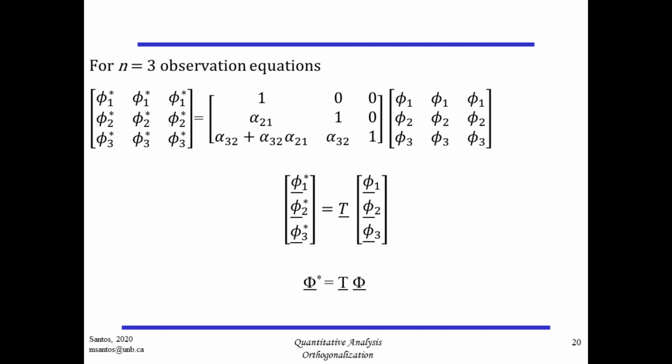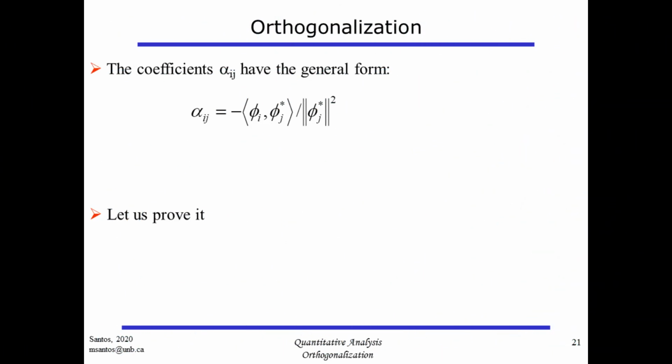Again, these elements, the phi 1 star, phi 1 star, phi 1 star, are the same element, the same thing for phi 2 and the same thing for phi 3. They represent the same quantity. And then we have the T matrix multiplying the original van der Monde matrix. We can rewrite these expressions in vector form, and then we just have the final equation phi star equals T times phi. How do we get these coefficients of alpha sub ij?